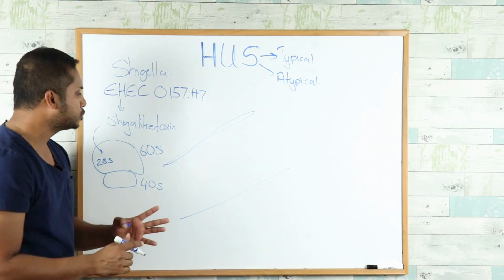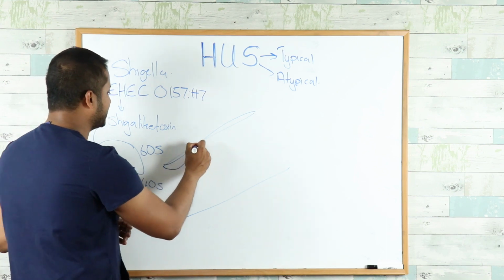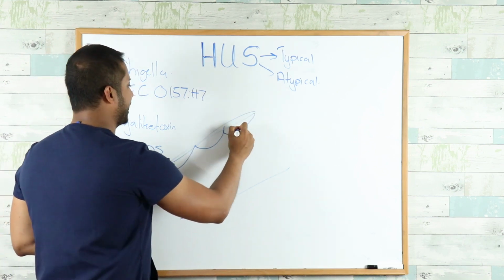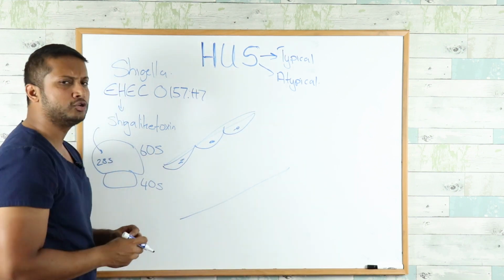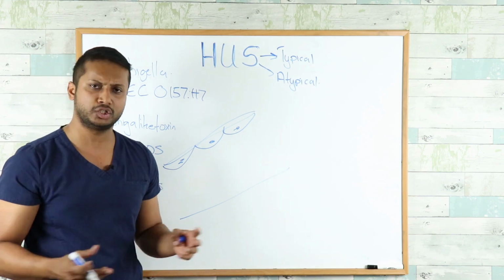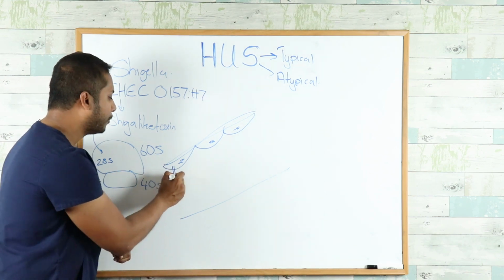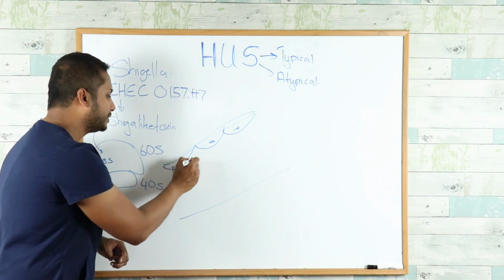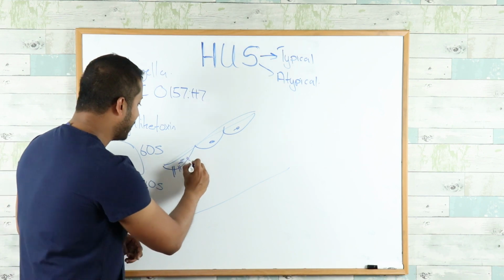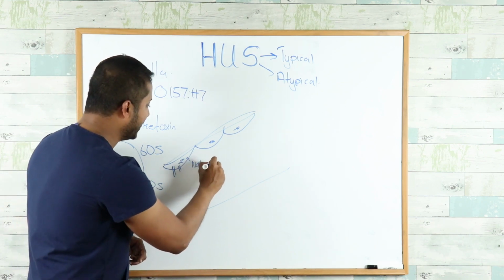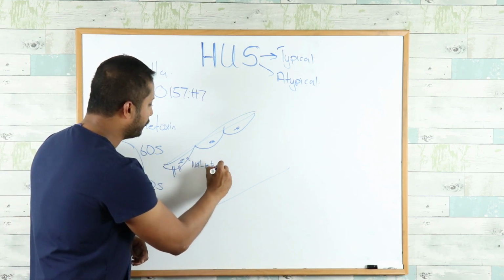That's what it does. So if it prevents protein synthesis, and if I draw endothelial cells again, guys, do you need to produce protein in your endothelial cells? Yes, you do, right? Because everything in the cell, you need to produce protein to form certain important pumps, such as your sodium, potassium, ATPase pumps, right? The pumps that maintain the integrity of your endothelial cell.